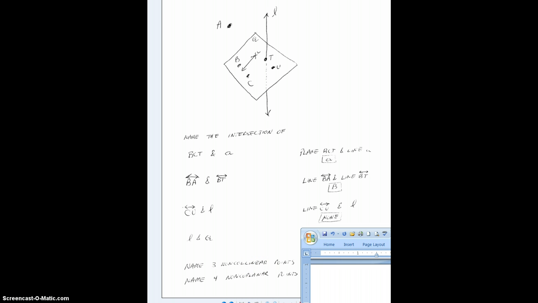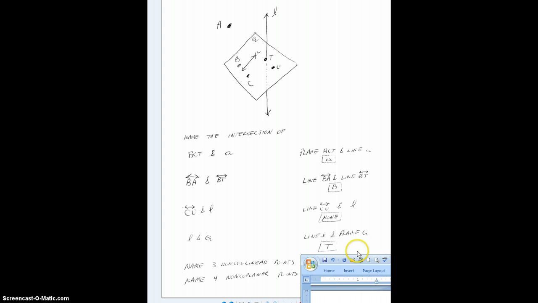Well, I simply selected points B, C, and T. B, C, and T do not lie in a line. Here I also have the last one, the one above the name 3 non-collinear points, is line L and plane Q. Well, L goes through the plane at T, so T is the intersection.